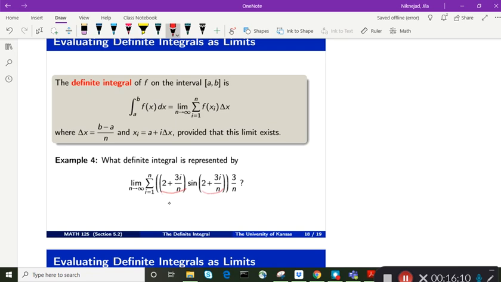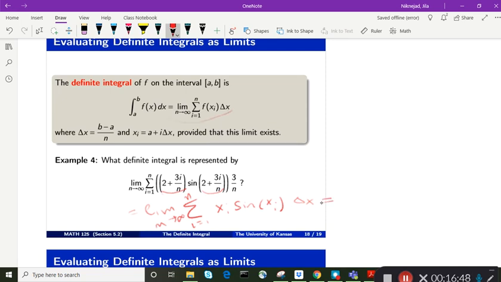So it looks like this is going to be limit, sigma i equal to 1 to n, n goes to infinity, of xi sine of xi, and then 3 over n. Wait, how does this compare? Look, delta x is supposed to multiply by i, and so it seems like this can work. So that would be a delta x.